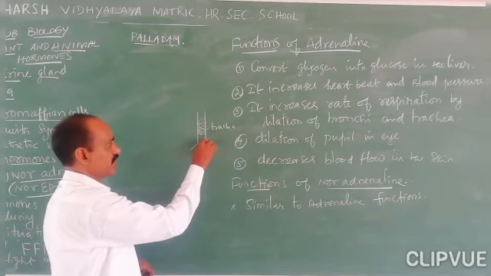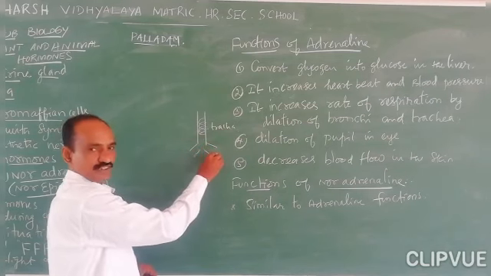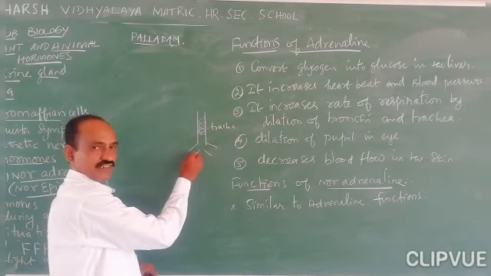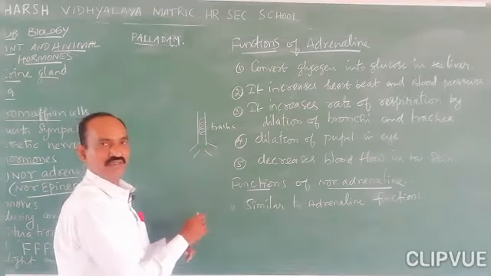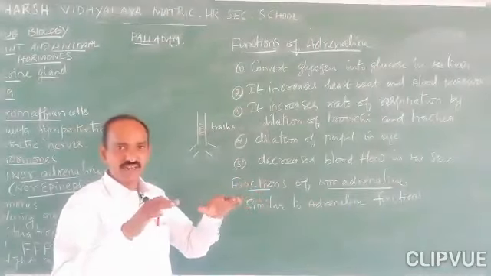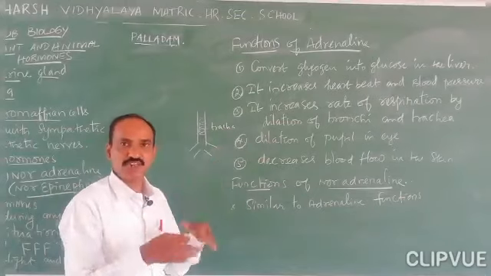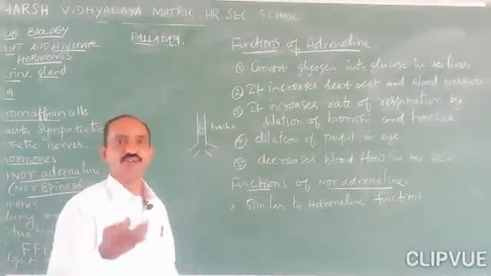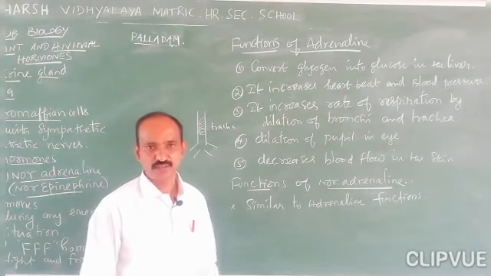Branches of the trachea are the bronchi. One side is bronchus, two sides are bronchi. When the trachea and bronchi are dilated, that means widened. Dilated means widened. Then they accumulate more air, which helps to increase the rate of respiration.